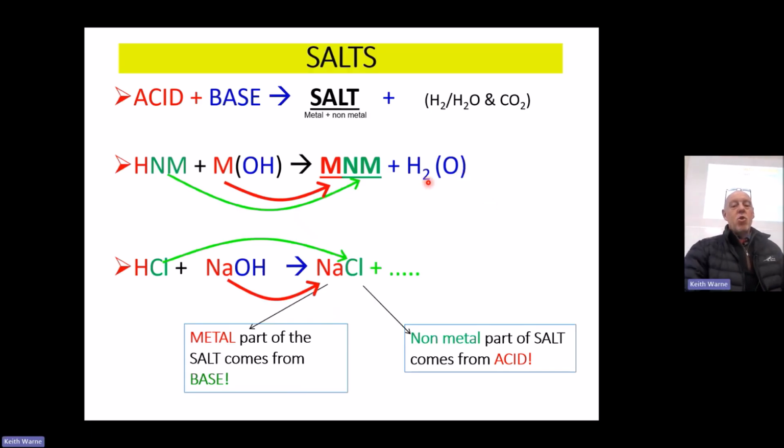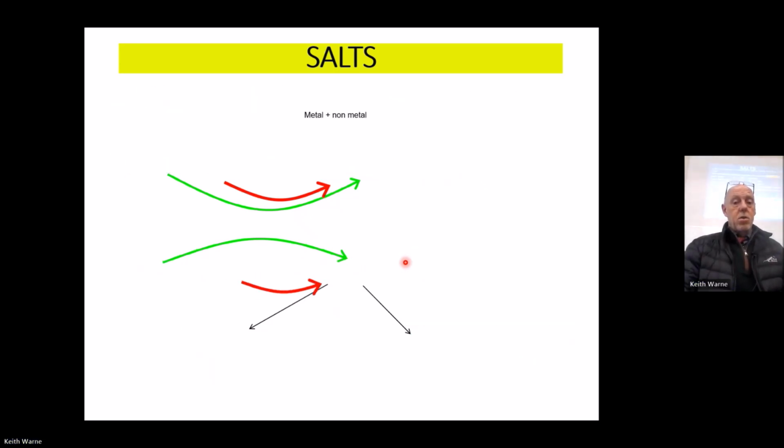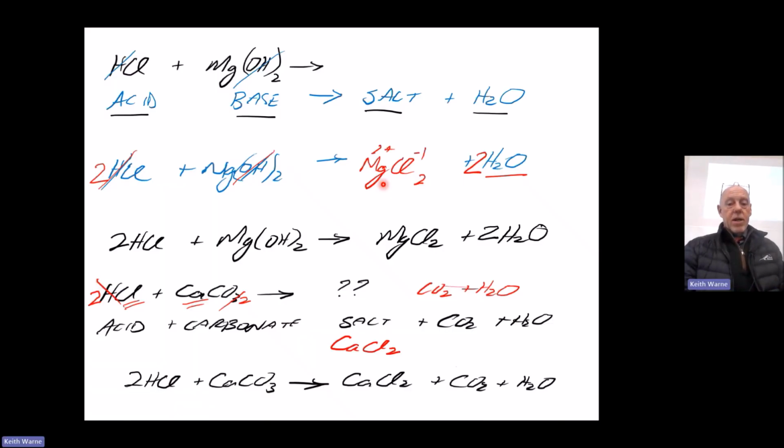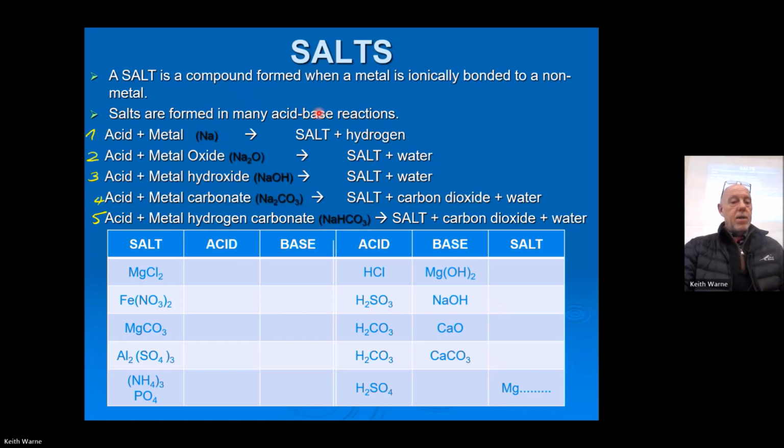Here I've said H2 in brackets O because sometimes it makes just hydrogen and sometimes it makes water. So it's either water or H2O, because you're going to learn these 5 reactions. You're going to say, I know this is acid plus a metal, so it's going to make a salt plus hydrogen or whatever.